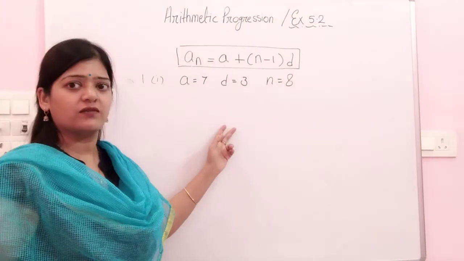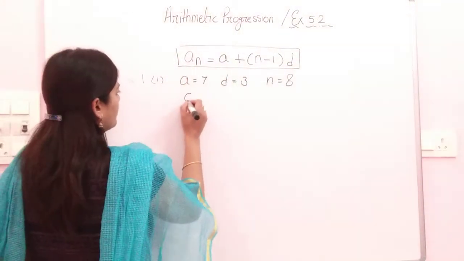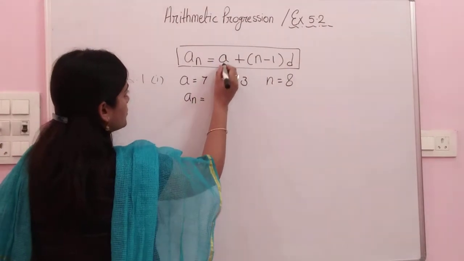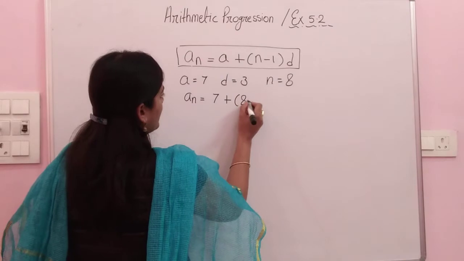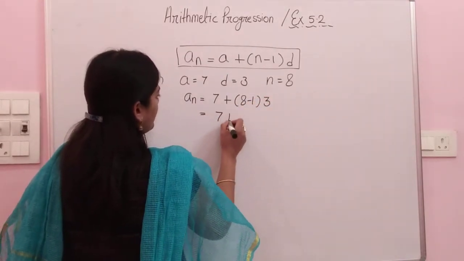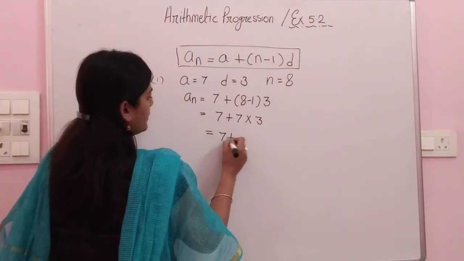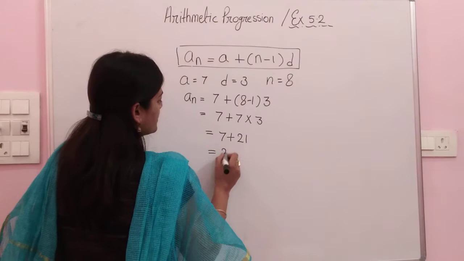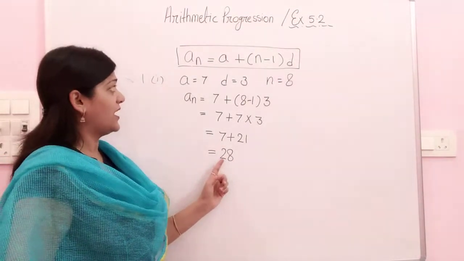You have to find AN. AN is equal to 7 plus 8 minus 1 multiplied by 3, 7 plus 7 multiplied by 3, it will become 7 plus 21 and it is equal to 28. This is your value of AN.